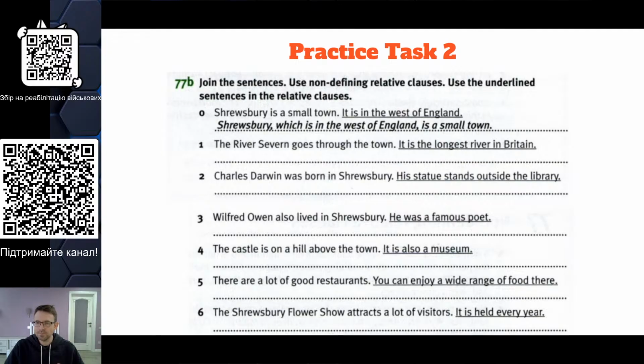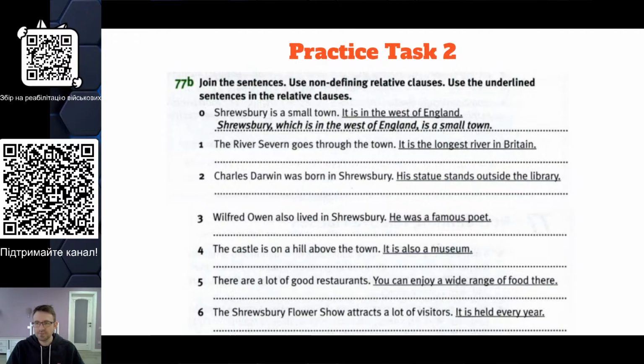Then for number 3, I'll just correct my sentence myself here. So here we should have Wilfred Owen, comma, who was a famous poet, comma, also lived in Shrewsbury. Here we are talking about a person, very famous person, and so again with who with the relative pronoun and the commas to separate them as always.